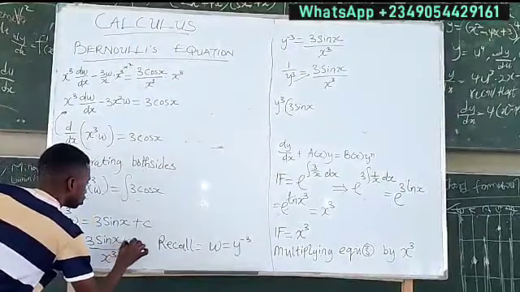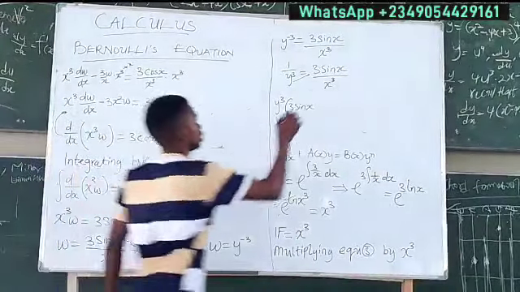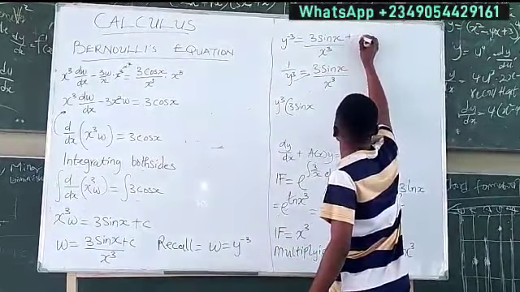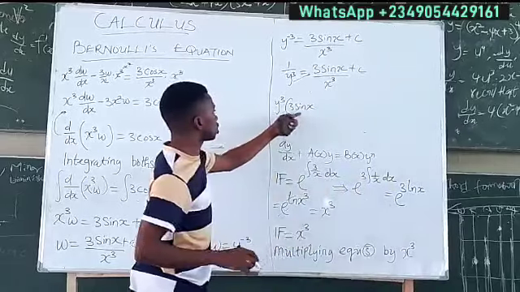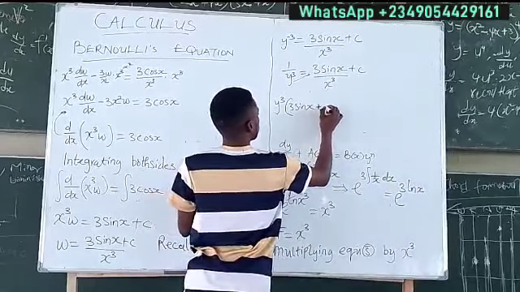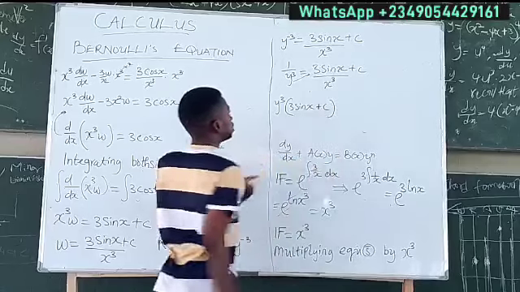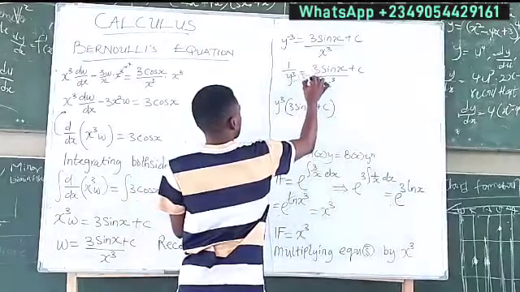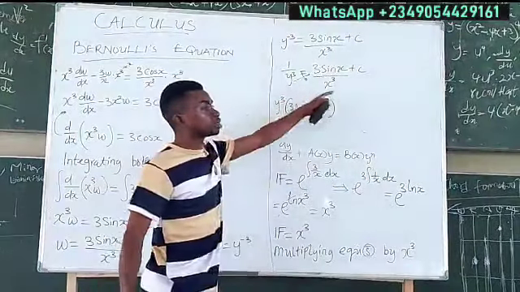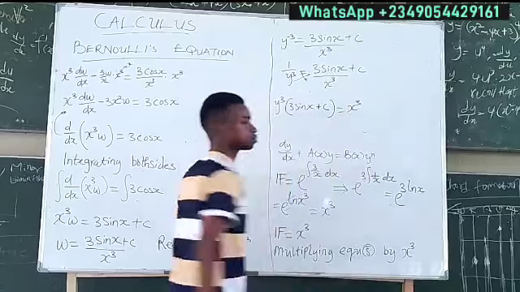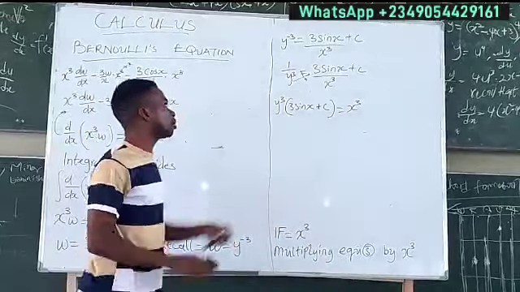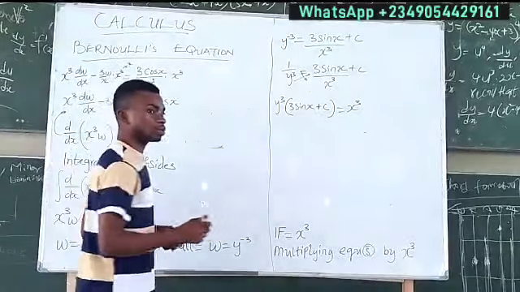So here is plus c also. So here becomes 3 sin x plus c. Then 1 times x raised to the power 3 becomes x raised to the power 3. And now we can make y the subject of formula.